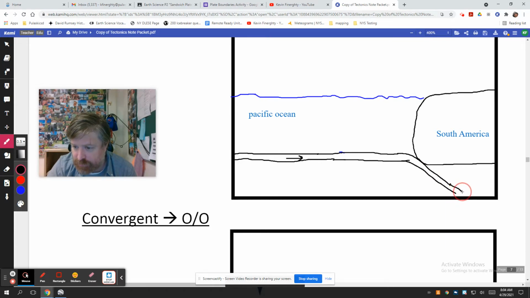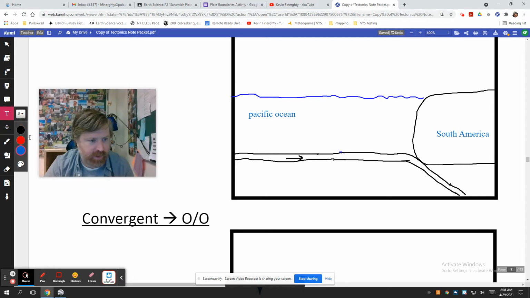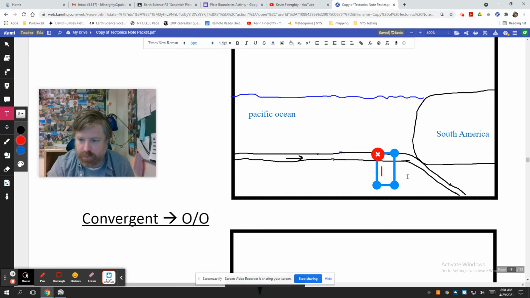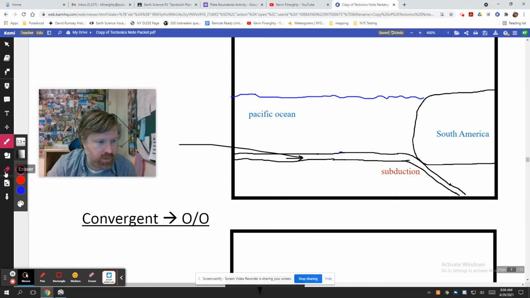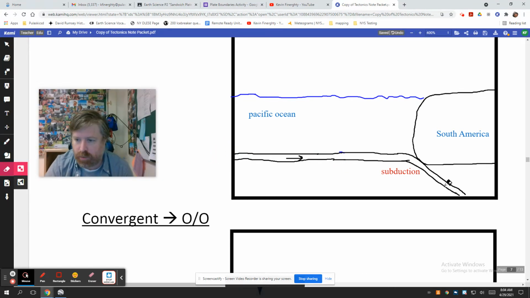I should have given myself a little more space, but that's okay. That is referred to as subduction, or a subduction zone, as it will sometimes be called. What happens as it goes down there?